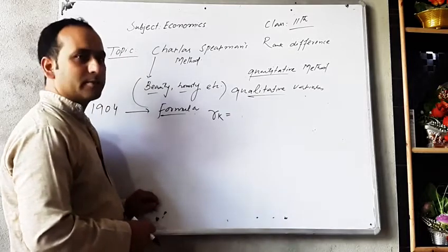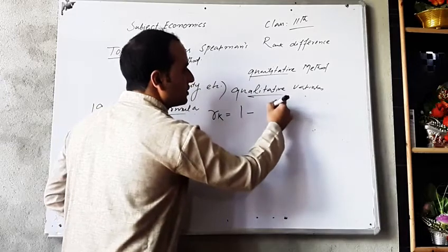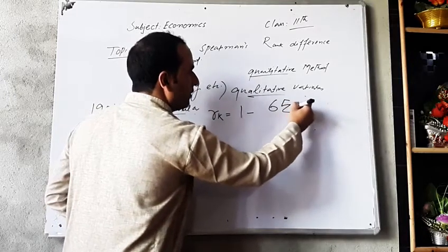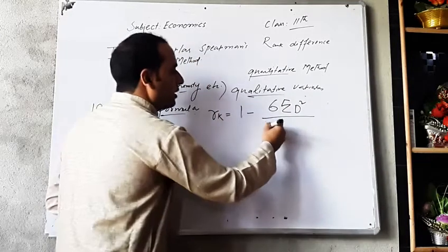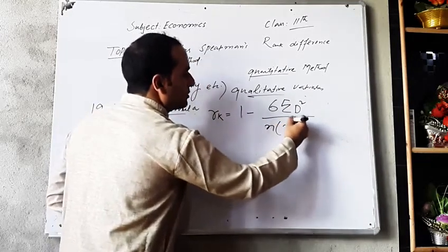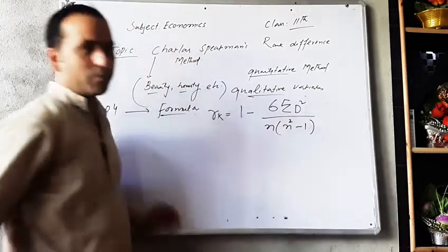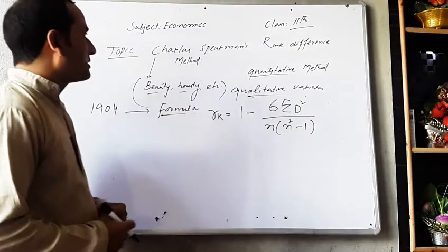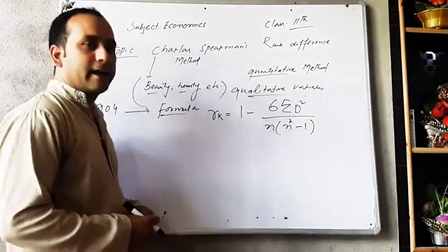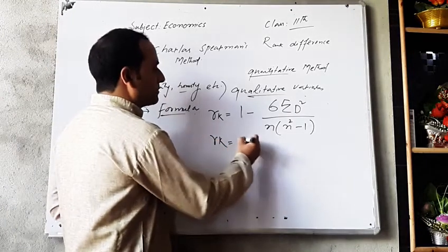According to Spearman's formula, R is equal to 1 minus 6 summation of d square divided by n into n square minus 1. So this is the formula for calculating Charles Spearman's rank difference method. We will explain this formula here.